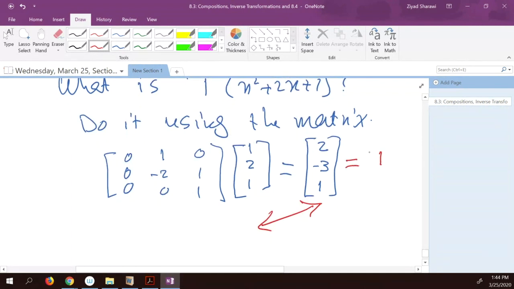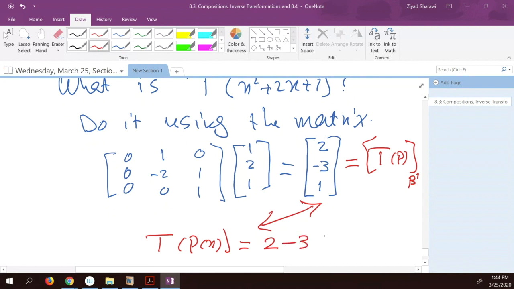So this is going to be TPX, the coordinate vector with respect to B prime. Now, translate this. You get TPX equals, this is the coordinate vector of what? 2 minus 3x plus x squared.